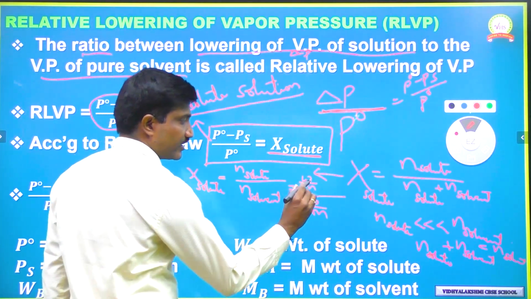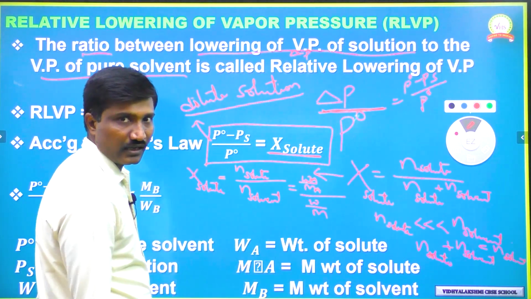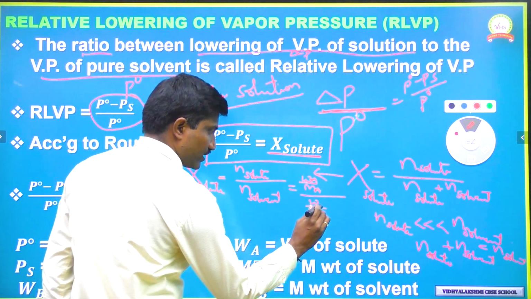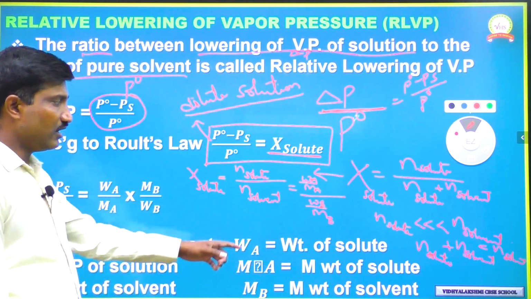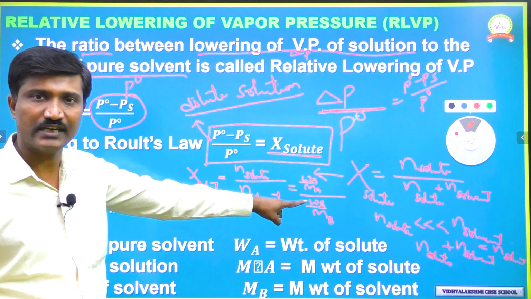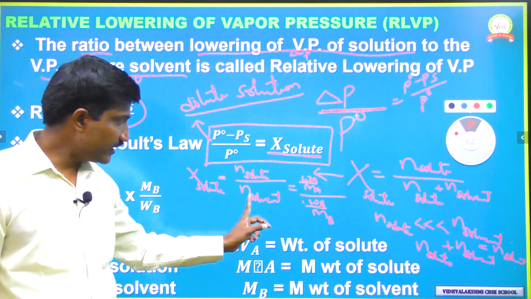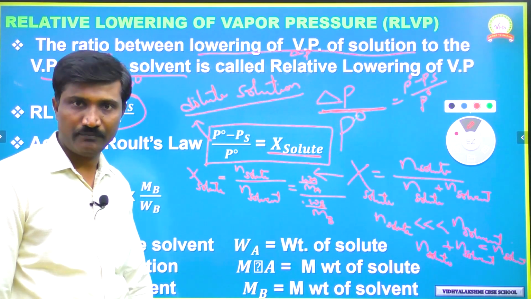I am taking the weight of solute as Wa and the molecular weight of solute as Ma. The weight of the solvent is Wb and the molecular weight of the solvent is Mb.